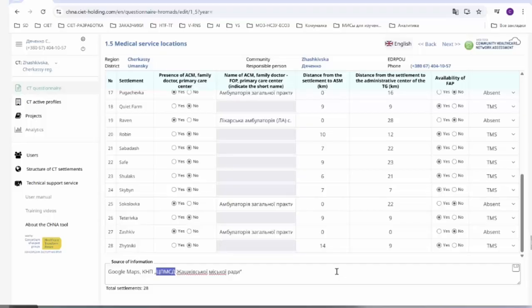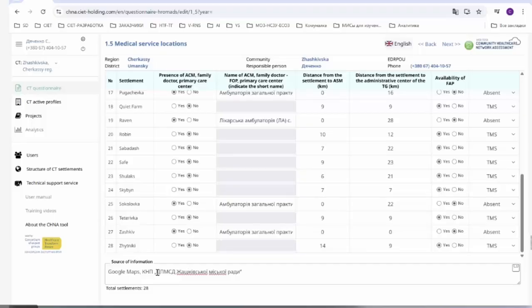So indicators like the number of visits during pregnancy, etc., have to be monitored because we have to reduce problems with mother and child health care.